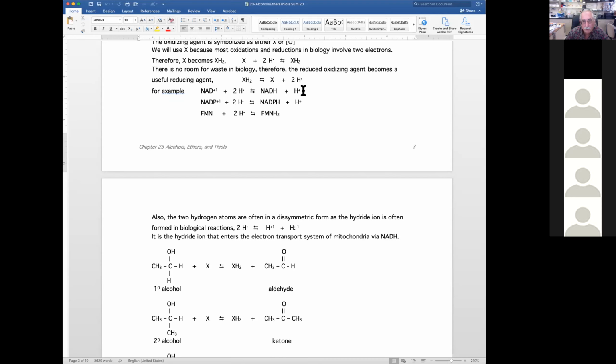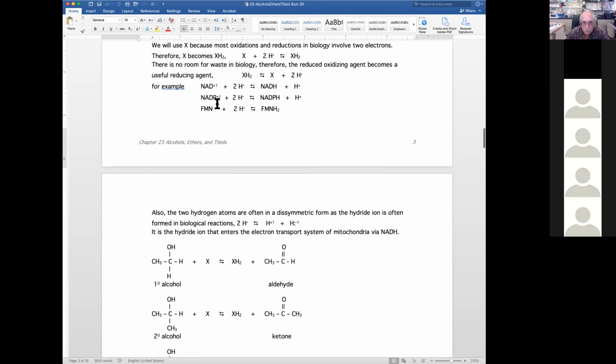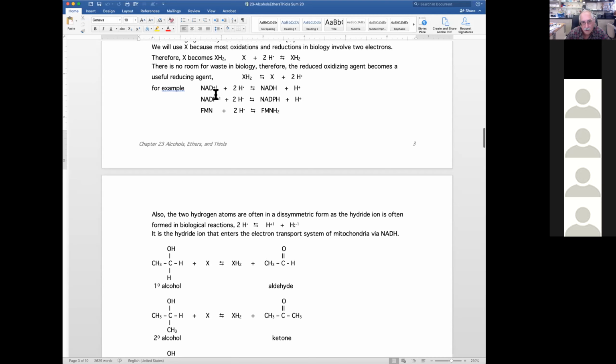And then some enzymes use NAD, some enzymes use NADP, simply a phosphate added to the NAD. It does the same thing. And flavin mononucleotide simply takes the 2 electrons and the 2 hydrogens. So these are oxidizing agents in biology. These are reducing agents in biology.